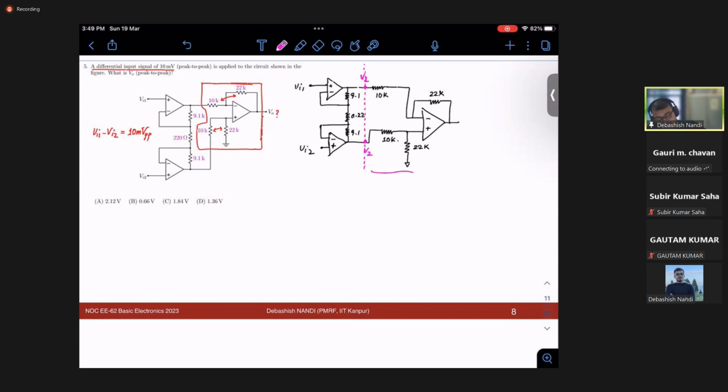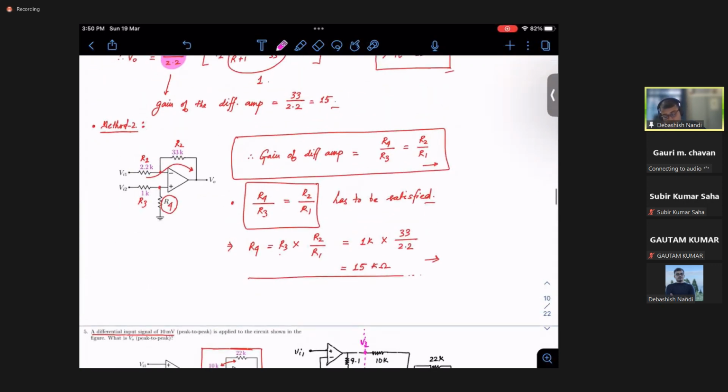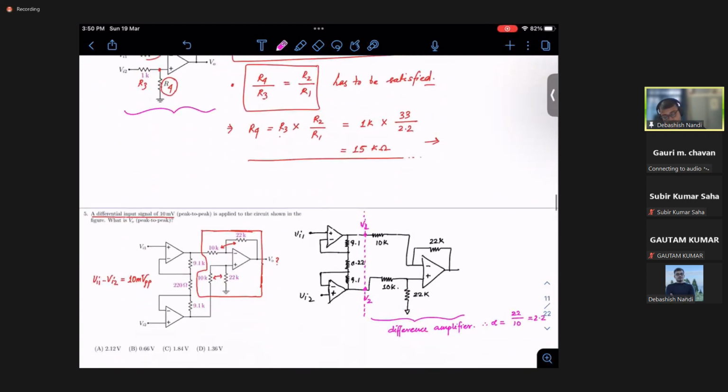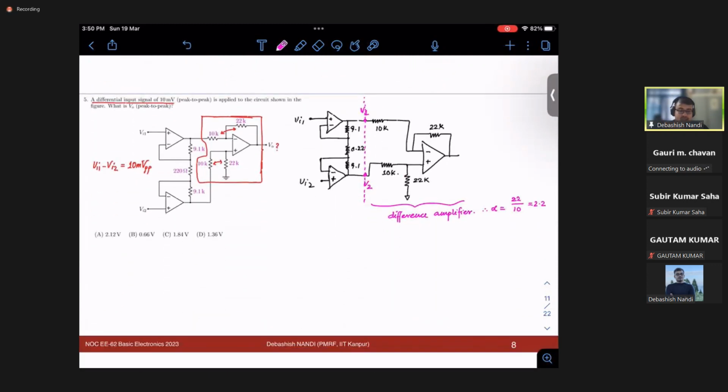And the gain I can simply tell that this alpha would be 22 over 10, right? 2.2. This is coming from this circuit, and the right hand part of this circuit are the same. Okay. So now let me start analyzing the circuit.